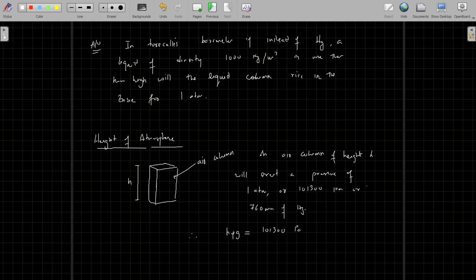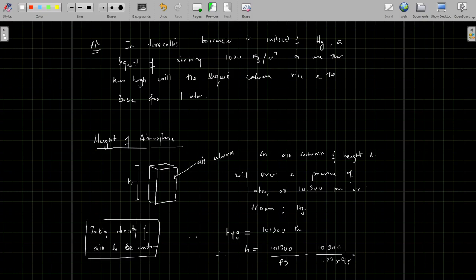101300 Pascal. Therefore, H would be 101300 divided by rho g. So 101300, density of air is 1.27. So 1.27 into 9.8, taking density of air to be uniform, density of air to be constant, which is actually not.